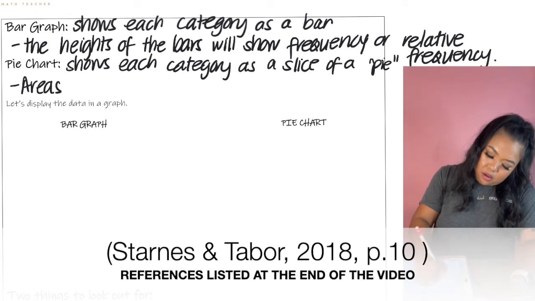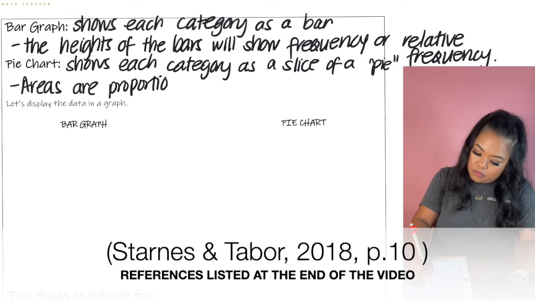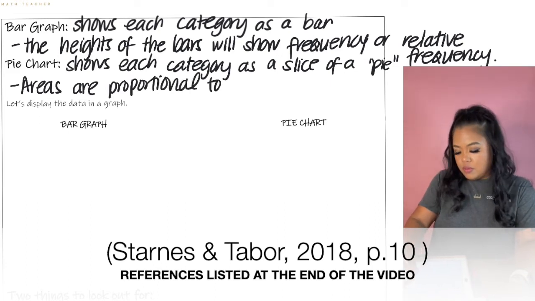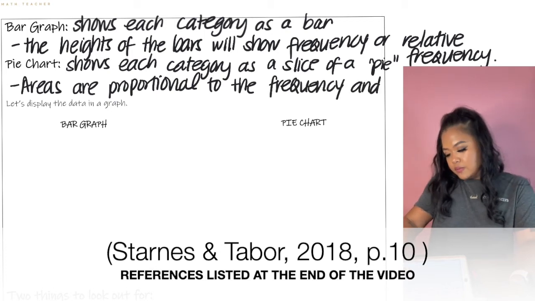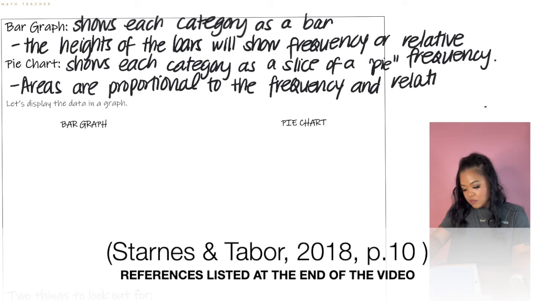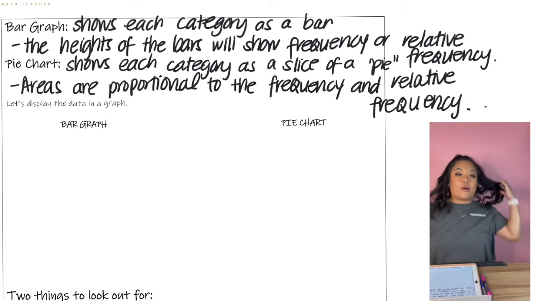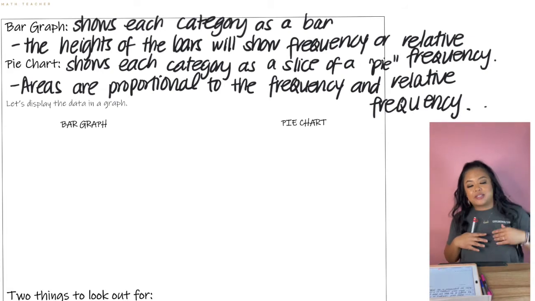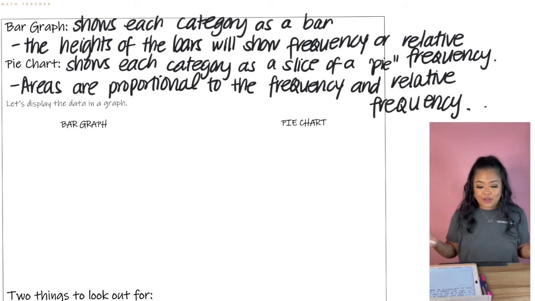Areas are proportional to the frequency and relative frequency. Okay, so a bar graph is a graph that has bars, and then a pie chart is a circle chart that has each category shaped as pies. So let's give you an example.